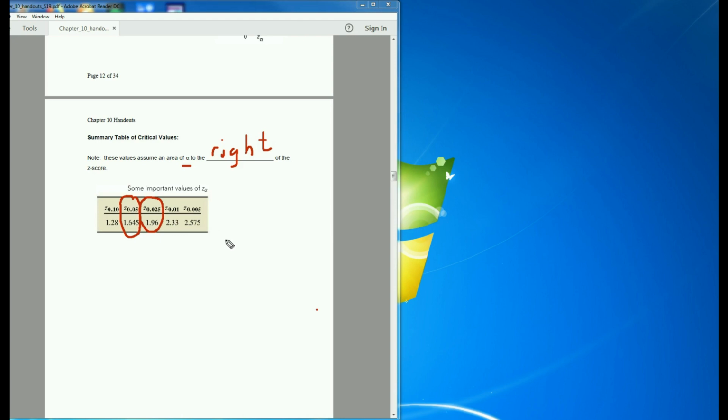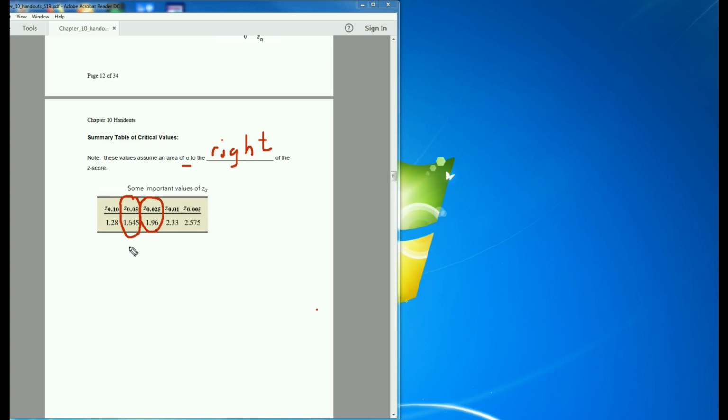Okay, so this table basically gives any of the critical values you might need. The only thing that you need to do is realize what type of a test it is. Is it two-tailed? Is it left-tailed? Or if it's right-tailed? If it is a left-tailed test, then you have to know to assign the negative sign in front of the number.